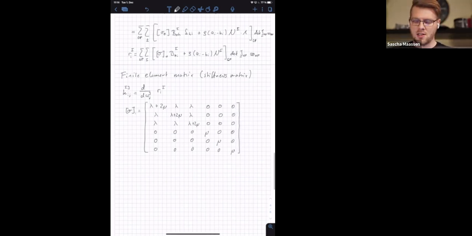Mu is actually the compression modulus in this case, while lambda is just a different parameter introduced by these kind of expression for constitutive equations.